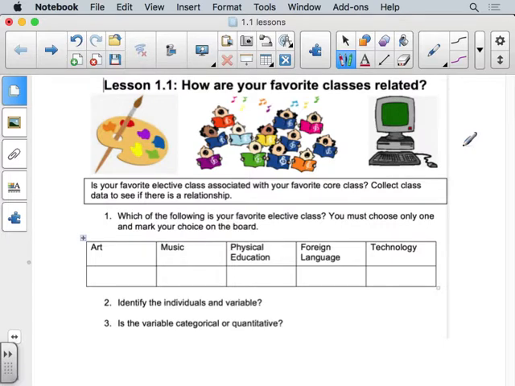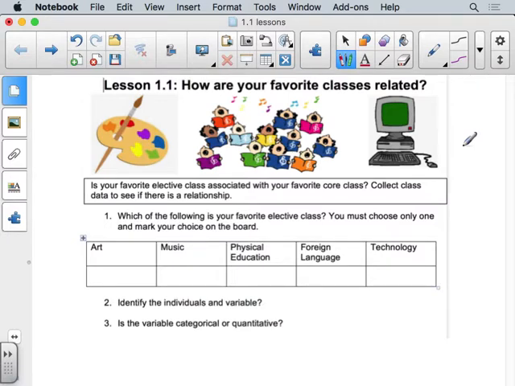Think about it in your head real quick. Which of these 5: art, music, PE, athletics, foreign language, or technology, or other? I think we can fit into these things. So of these 5, think in your head, and I'm going to go through real quick.